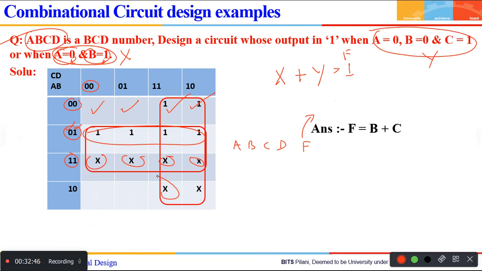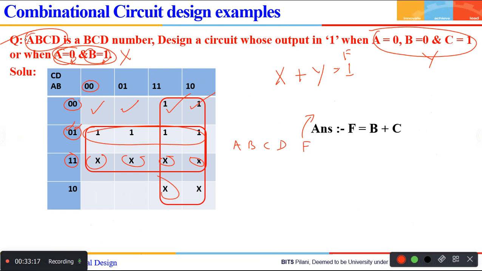When it is said that the input is a BCD number, your input is only between 0 to 9. All input combinations above 9 are immaterial. They are don't cares. That's why, whether the output is 0 or 1, we don't consider them at all, and you put X everywhere for the numbers above 9.